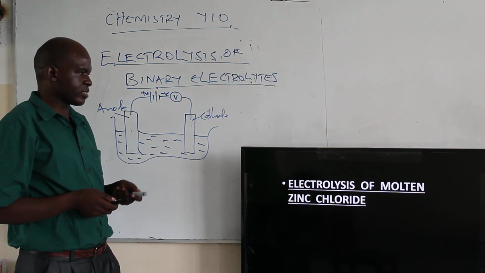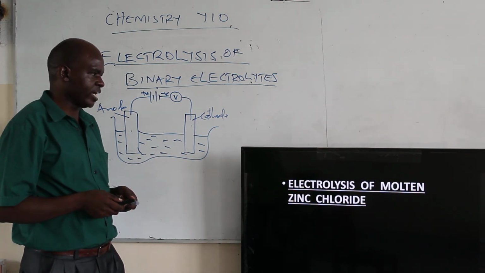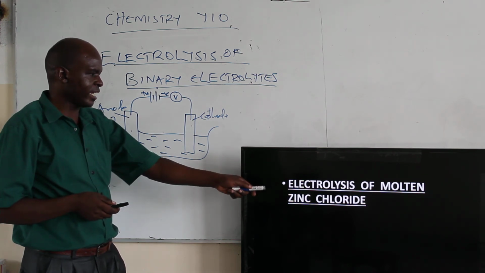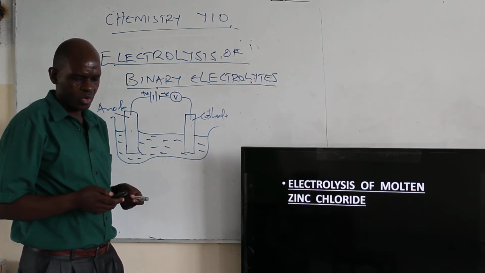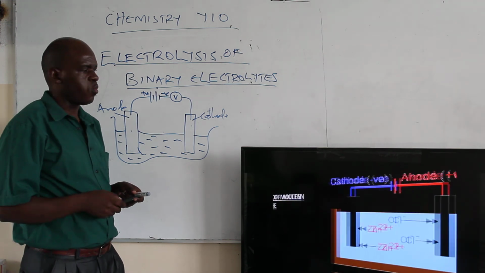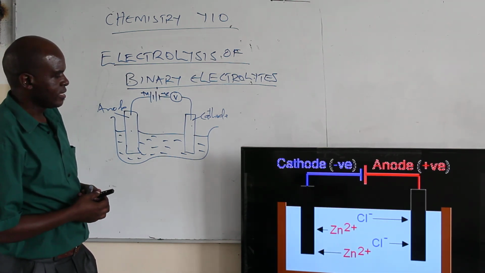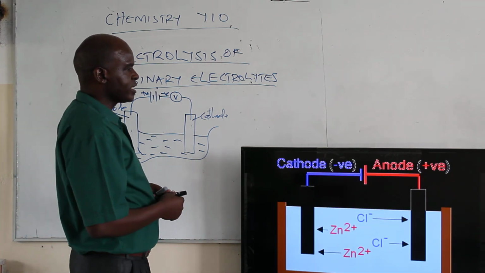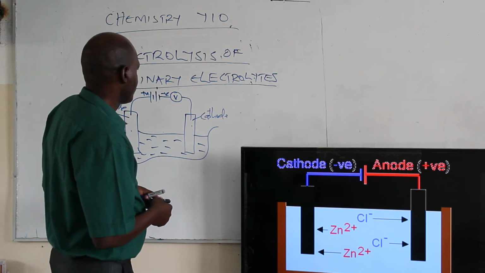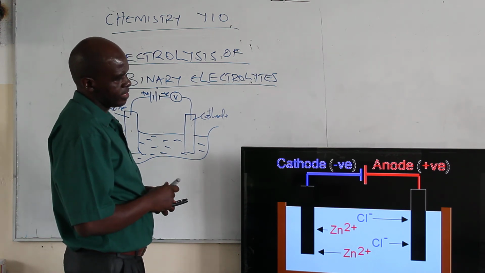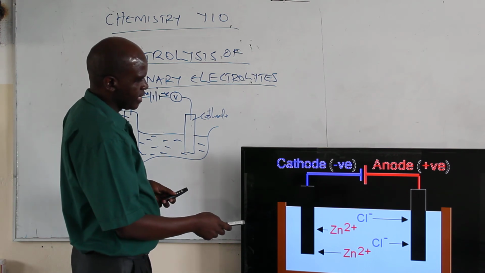Now let's look at a case. Example, electrolysis of molten zinc chloride. We want to look at exactly what normally happens. In a simple electrolytic cell, in this particular case, we have the two electrodes.